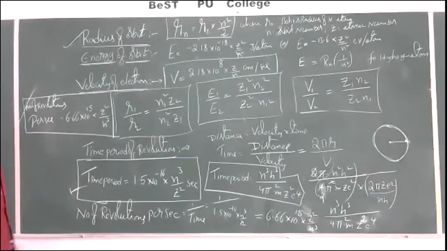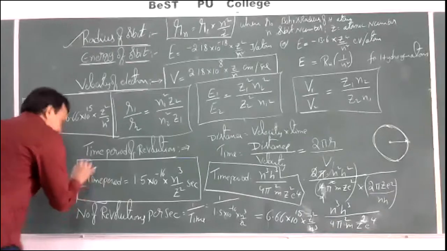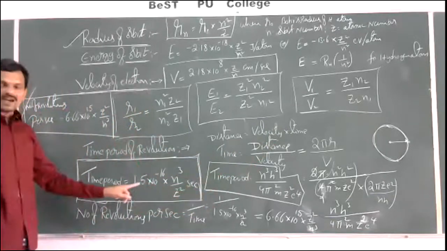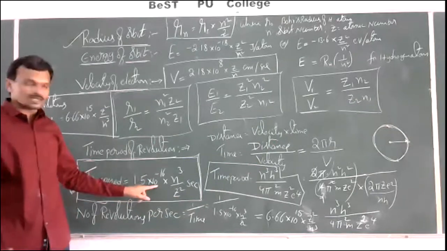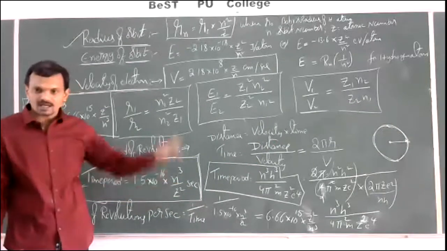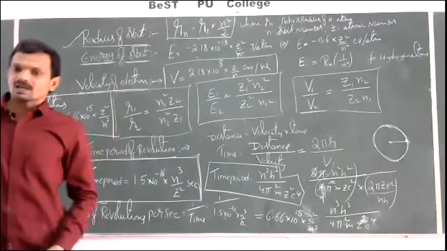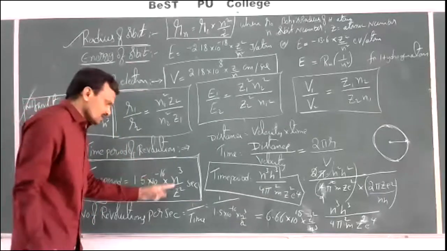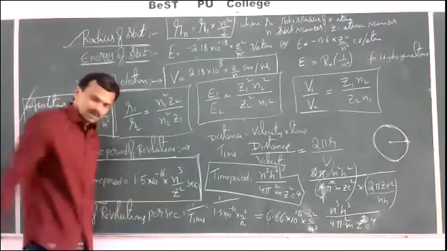Next, time period of revolution. Just remember this formula directly here, the derivation part is not necessary for you: 1.5 into 10 power minus 16 into n cube by z square seconds. This is the time taken for one revolution, where n is the orbit number and z is the atomic number.